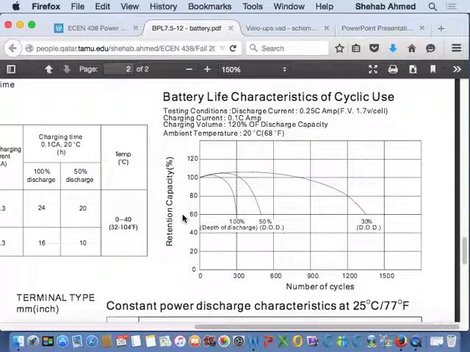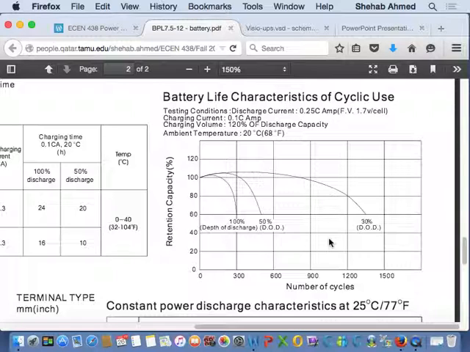Okay, so this is retention capacity of the battery, and this is depth of discharge. Depth of discharge is how much of the energy that you've charged the battery with have you taken out. If you have a battery that is 5 amp hours at 12 volts, it's 5 times 12, that's 60 watt hours.